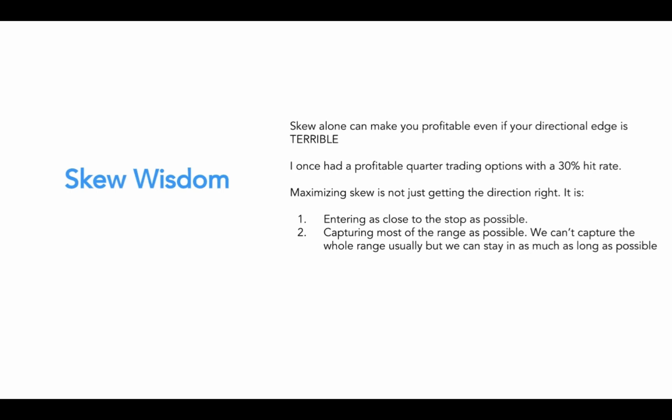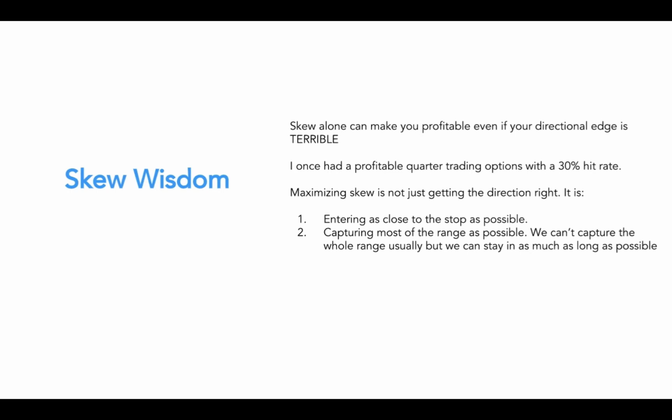So maximizing skew is not getting the direction right at all. It is entering as close to your stop as possible, so if you lose, it's tight, and capturing as much of the range as possible. If you're repeatedly capturing a large part of the range and not willy-nilly getting out early when it's possible that it can keep running, then you will basically shelter your portfolio over time from loss.